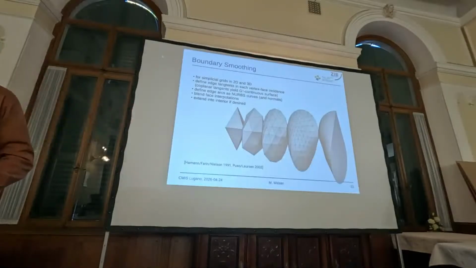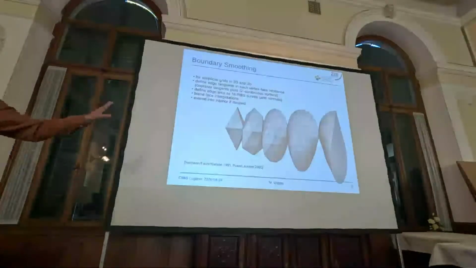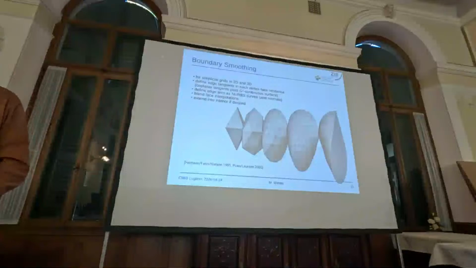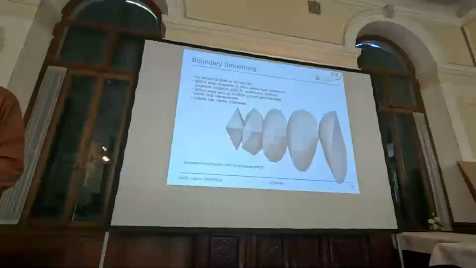With a G1 continuous surface approximation, we still get rid of some artificial friction there. I think so, yes.